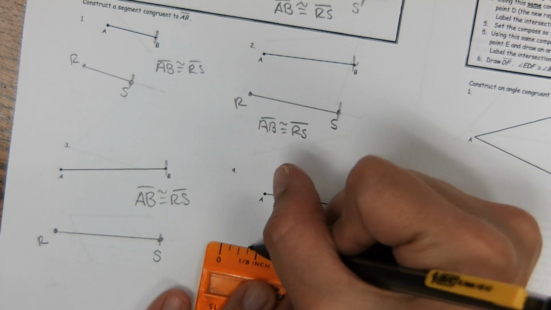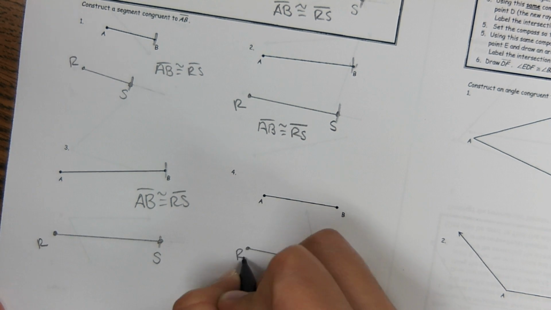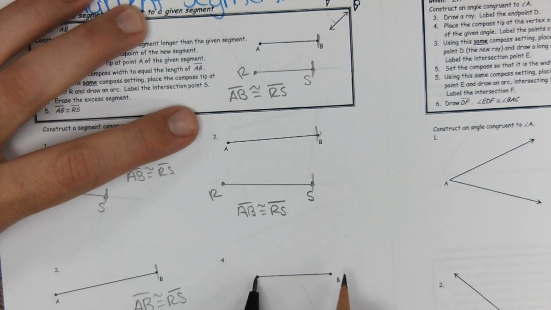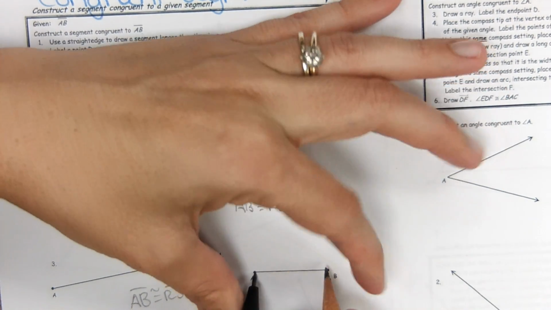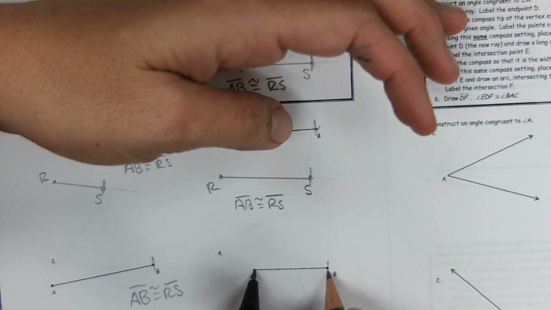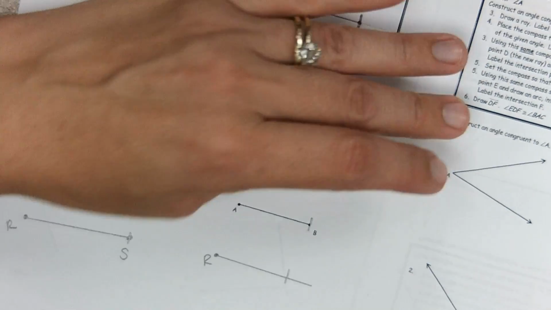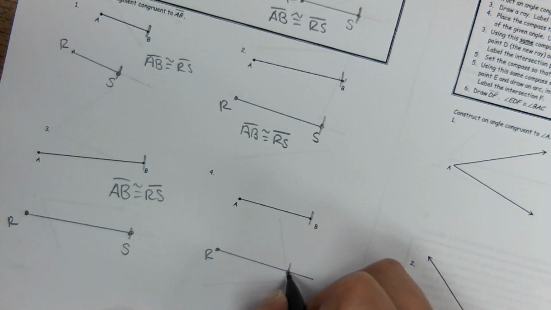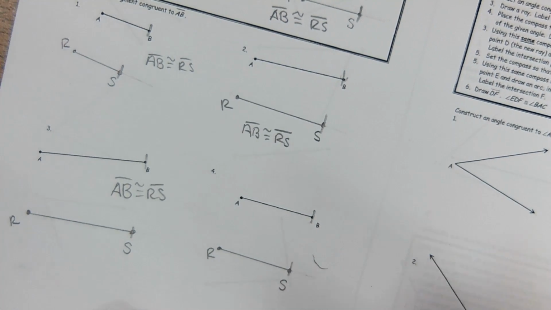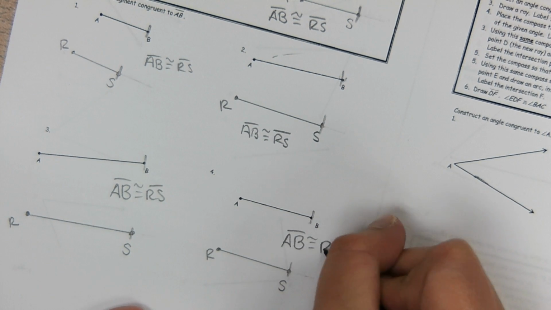Number 4. Segment longer than the original. Measure this length. AB is congruent to RS.